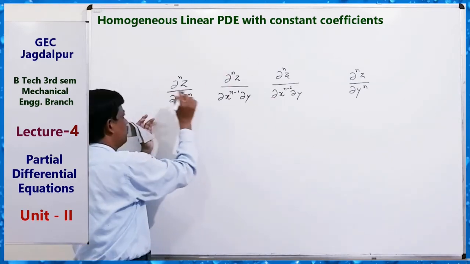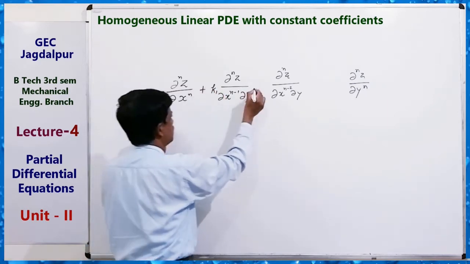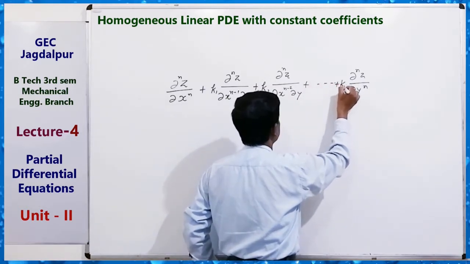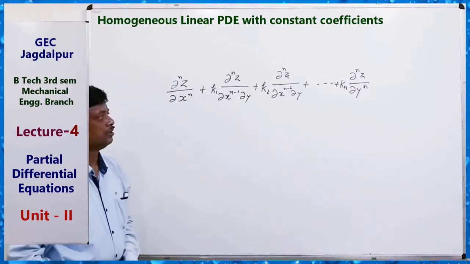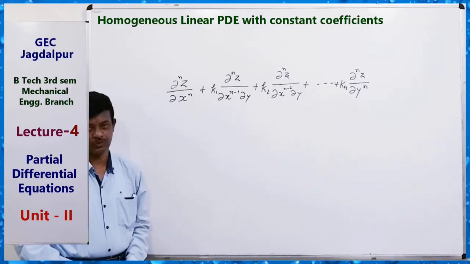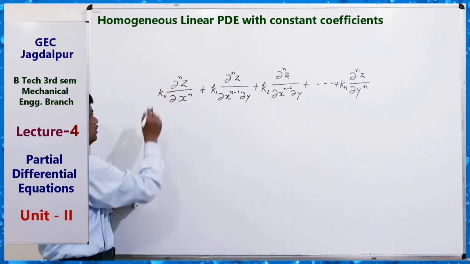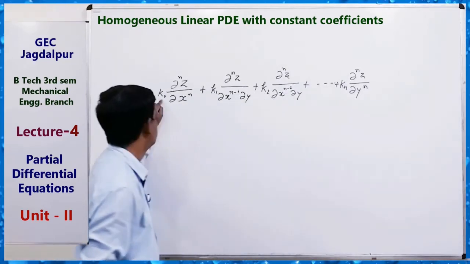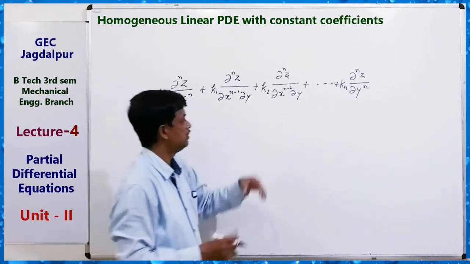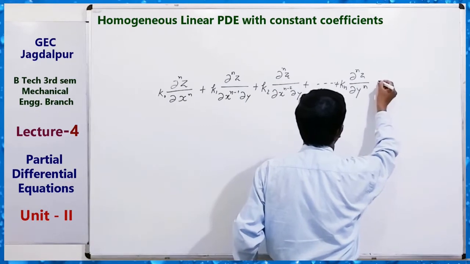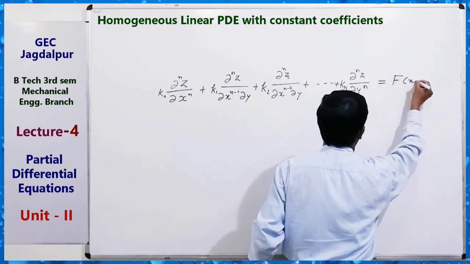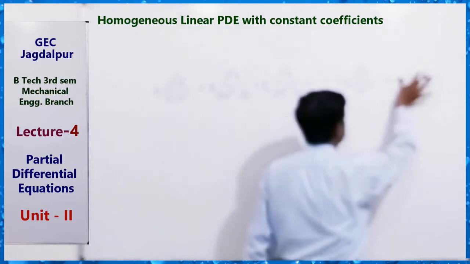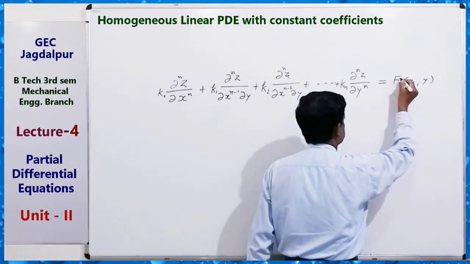So we take 1, then k1, k2, up to k n minus 1, with k0, k1, k2 up to how many values, and then kn equals a function of x y. The right hand side contains a function of x y.